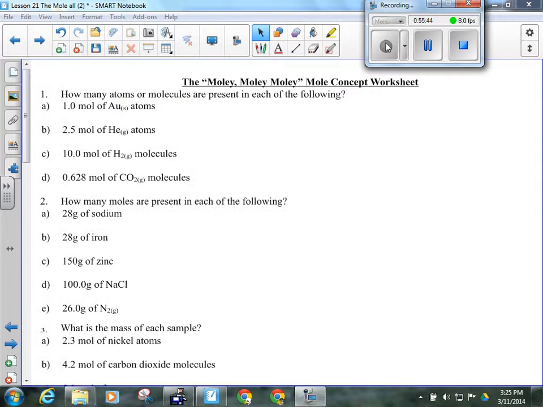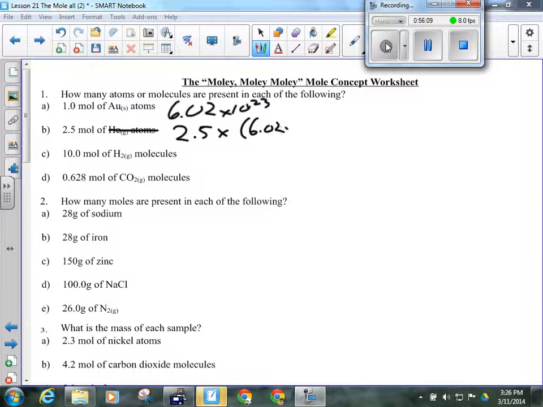So guys, real quick here, looking at the first one. As we said, 1 mole of, it doesn't matter what I write here. If I have 1 mole of something, I have 6.02 times 10 to the 23 of it. But for B, it says 2.5 moles of helium atoms. Well, it doesn't matter what it is. It's asking how much is there in 2.5 moles. So that means 2.5 times 6.02 times 10 to the 23.